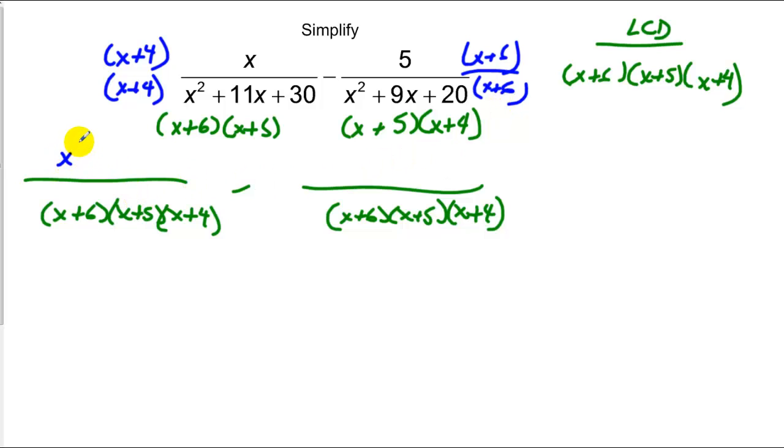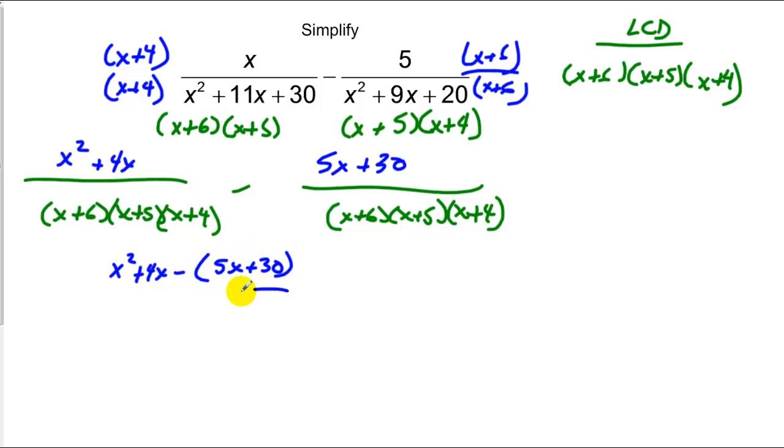Giving me x squared plus 4x and 5x plus 30. But we've got a subtraction, so once again I'll rewrite x squared plus 4x minus the quantity of 5x plus 30 over the LCD.